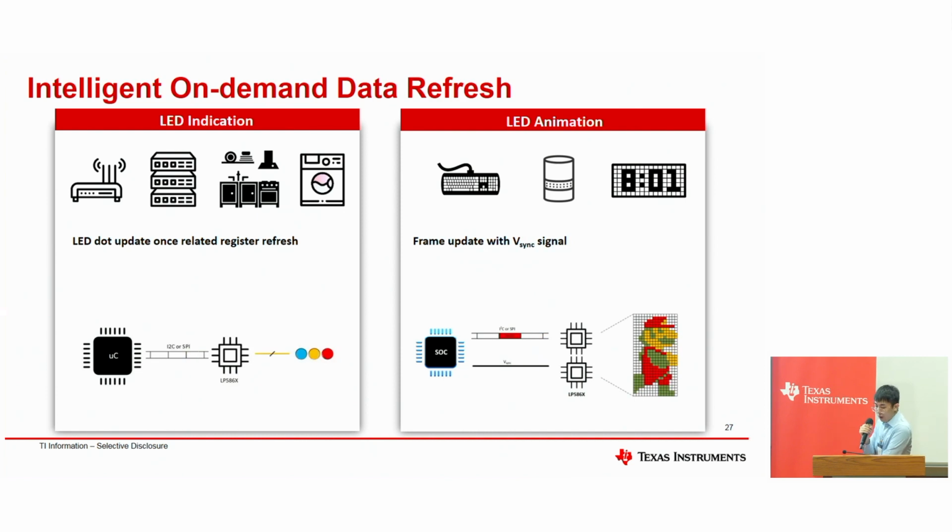On the right-hand side, for LED animations, the animation transitions from frame to frame. One frame will consist of about 100 or even 1,000 LED dots, and we want the dots to update within a frame, but not dot by dot.